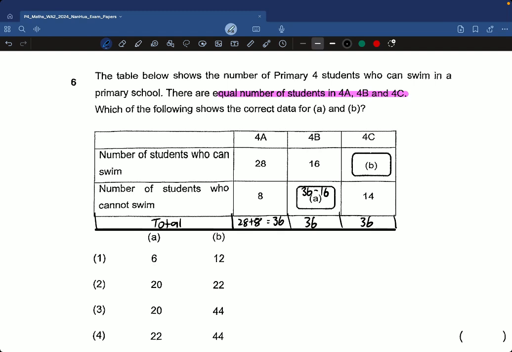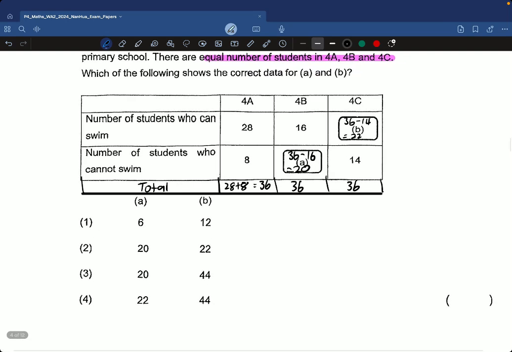And this gives us 20. Then for 4C, we have 14, so we can just subtract from the total. 36 minus 14 gives us 22.